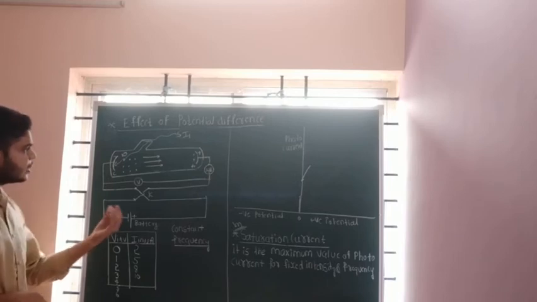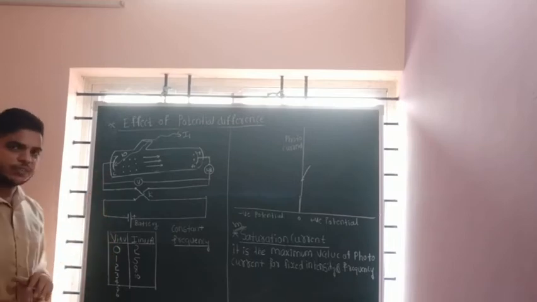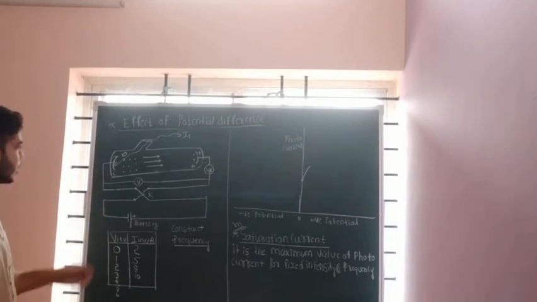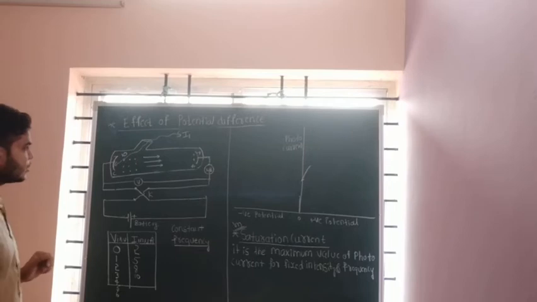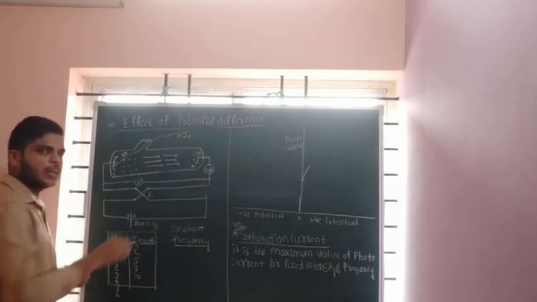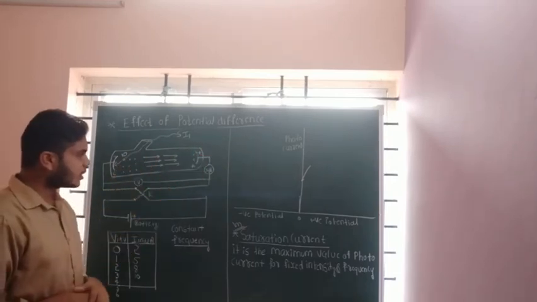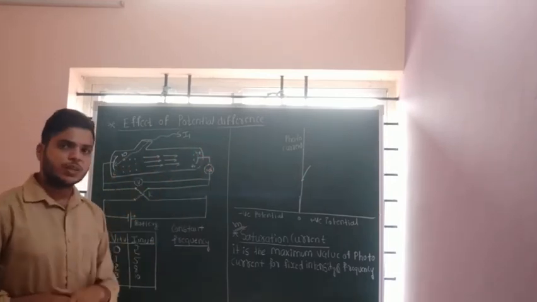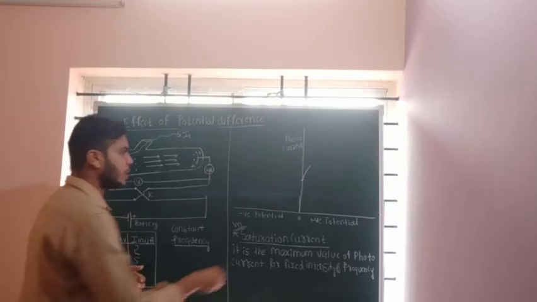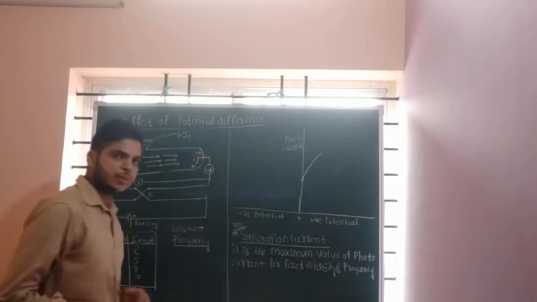Now again I am increasing the voltage to 2 volt. When the potential difference is increased to 2 volt, out of 5 remaining electrons, again 3 electrons start moving towards the collector. They reach the collector, flow through the microammeter, and the current increases.